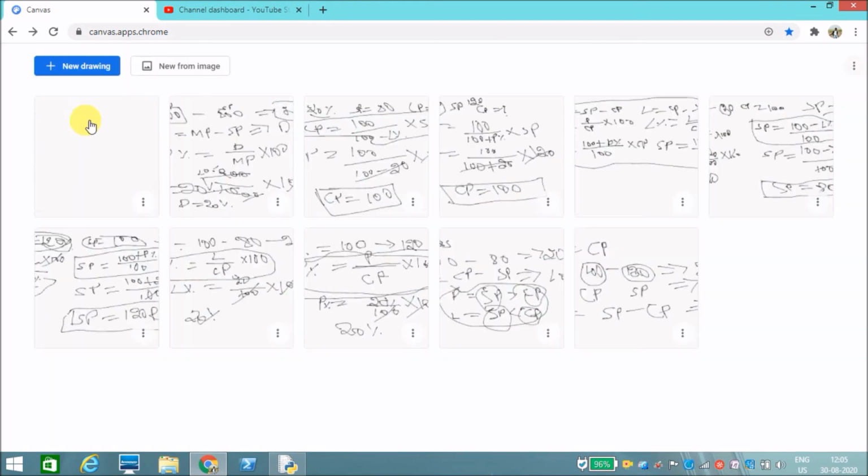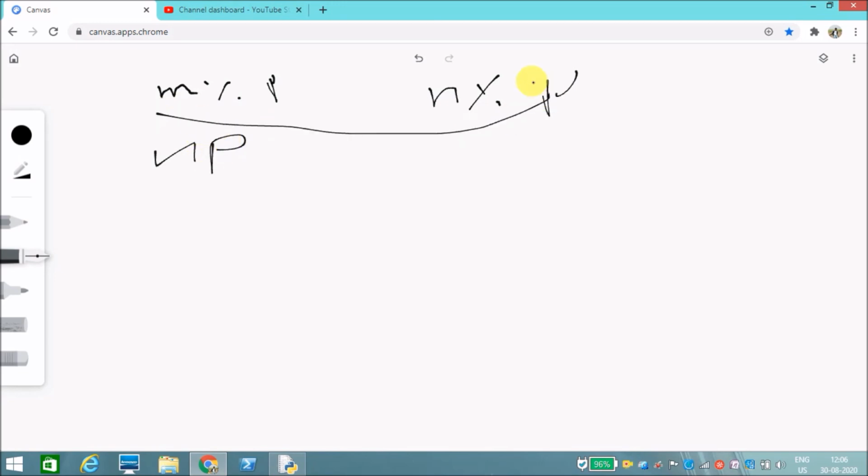Next case, for example, when you sell two products, for the first product you got m percentage of profit and for the second product you got n percentage of profit.